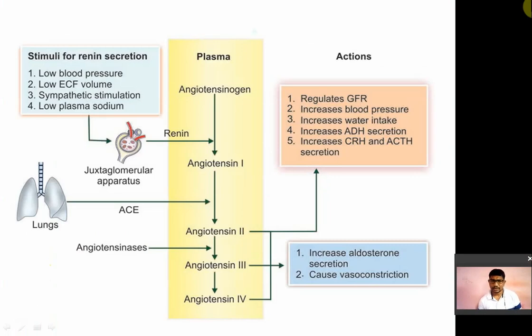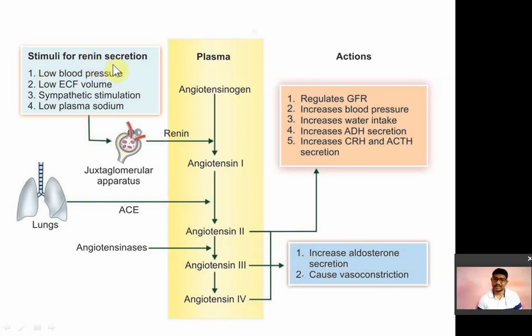Okay, now you can see over here again. When there is a low blood pressure, when there is a low extracellular fluid volume, when there is a stimulation of the sympathetic nervous system, and when there is a low plasma sodium, that stimulates the release of one hormone from the kidney, that is known as renin.